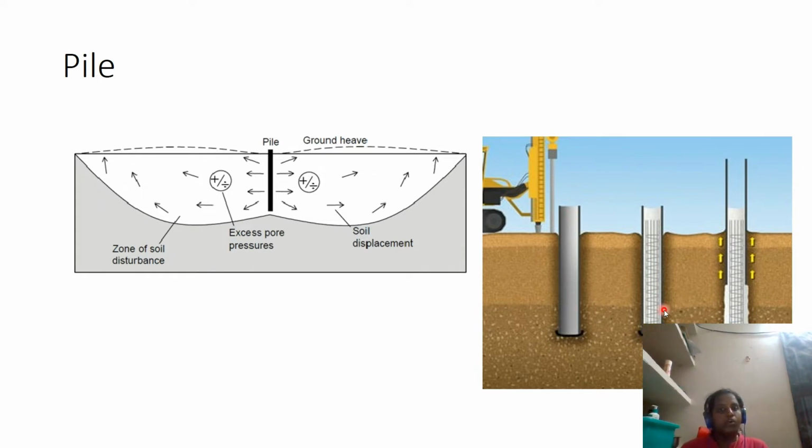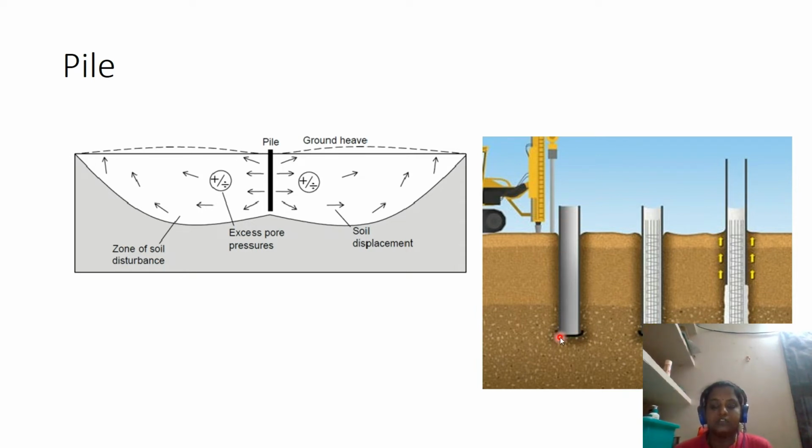In a bored cast in situ pile, we usually drill a borehole, insert a casing, then insert the reinforcement cage, and pour the concrete into it. So in a cast in situ pile, the pile is made at the site, whereas in a driven pile, the pile is made at the factory, and it is just like we hit a nail into a wall.